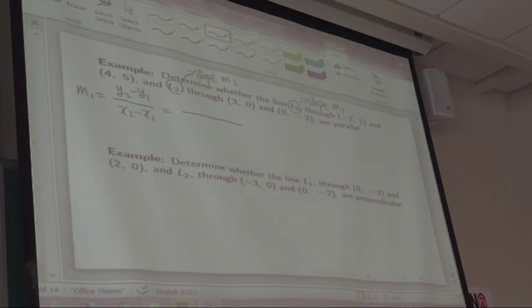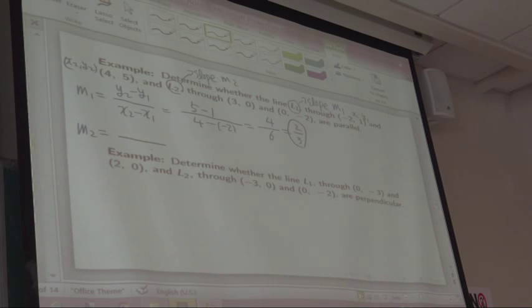So this is x1, y1, and this is x2 and y2. So y2 minus y1 over x2 minus x1, which is 4 over 6, which is 2/3. So 2/3 is the slope for L1.